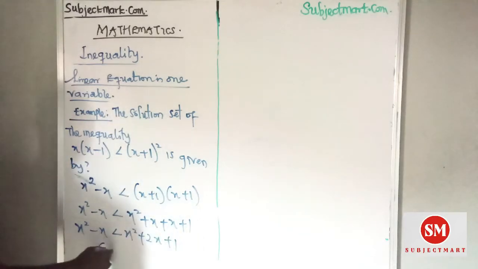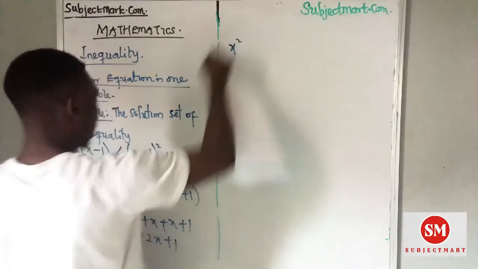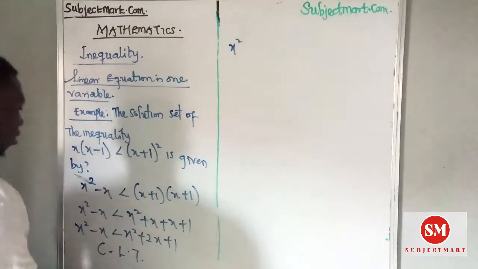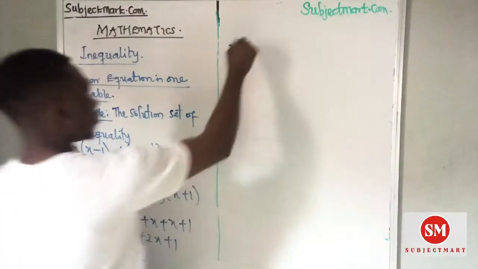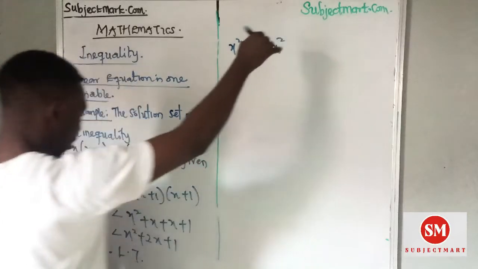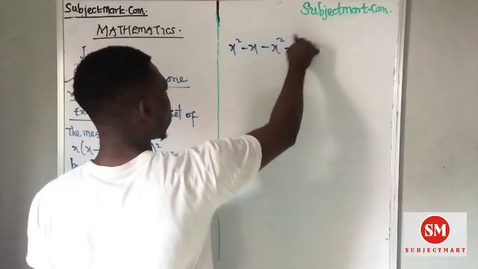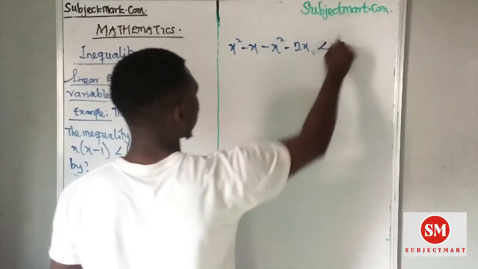At this junction, collecting like terms, this becomes x squared minus x squared, minus x minus 2x, is less than 1.